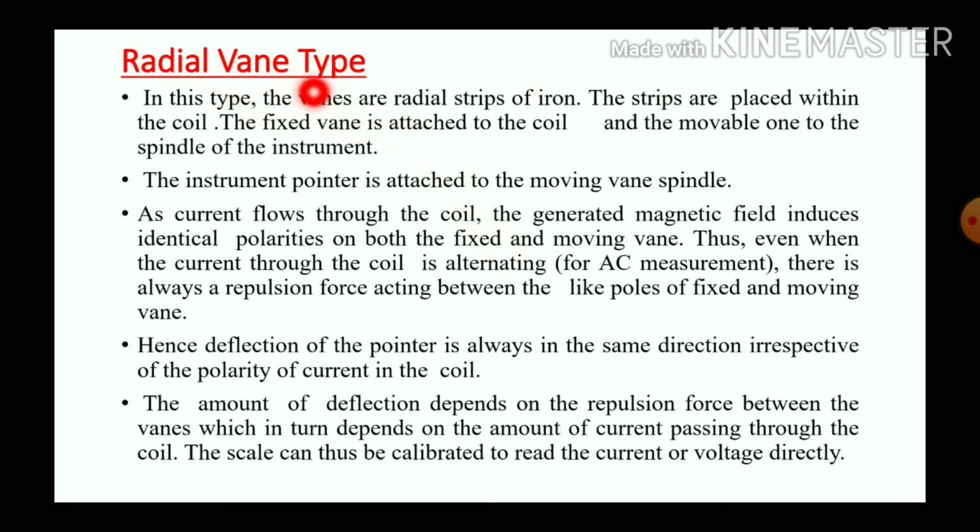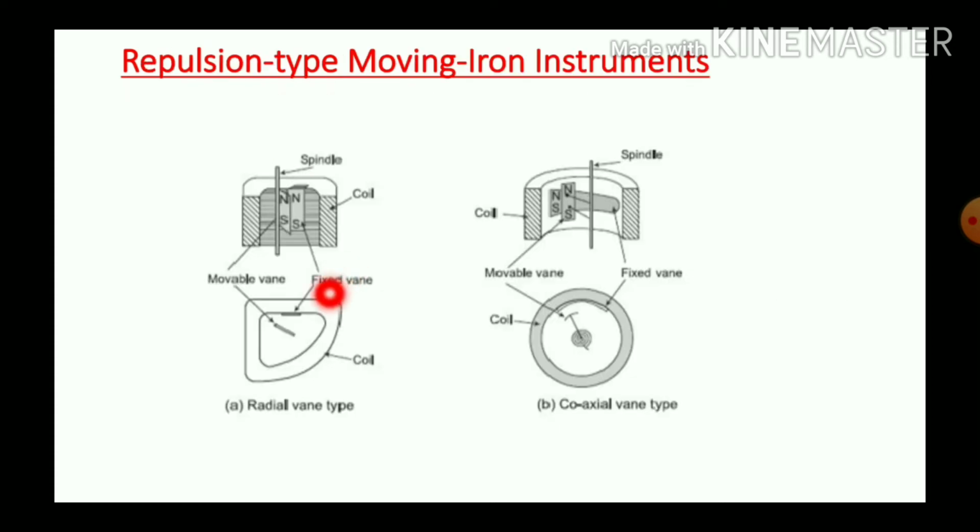In the radial vane type instrument, the vanes are radial strips of iron and the strips are placed within the coil. The fixed vane is attached to the coil and the movable one to the spindle of the instrument. See the diagram. Here, this is our coil and this one is the movable mechanism, that is the spindle.